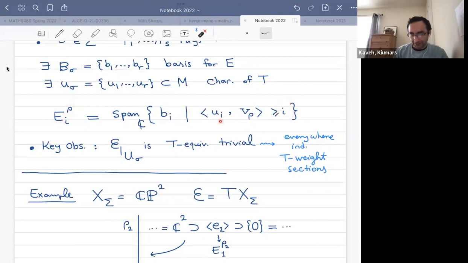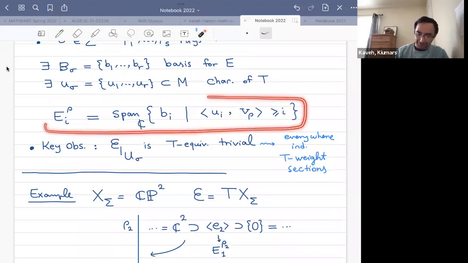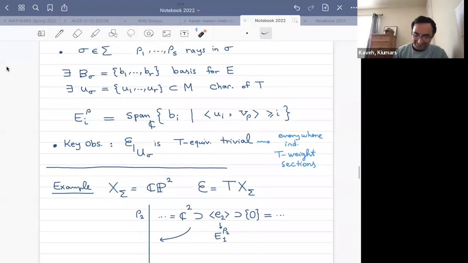So these characters and the row determine a subset of the basis, and that subset spans this filtration. You have to think a little bit about it to understand it.